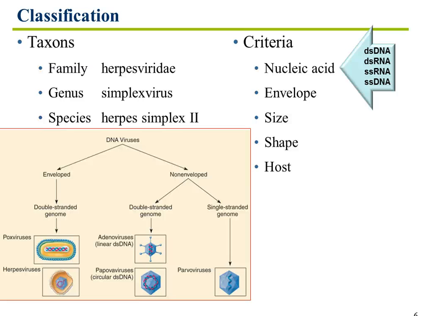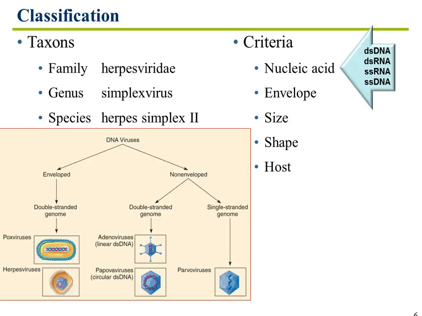There are a little bit more than a dozen virus families of humans. Herpesviridae is one, which has the herpes virus in it. The genus is Simplexvirus, and the species is herpes simplex 2. So what you hear of as viruses like rubella or rabies virus, that would be the species name.